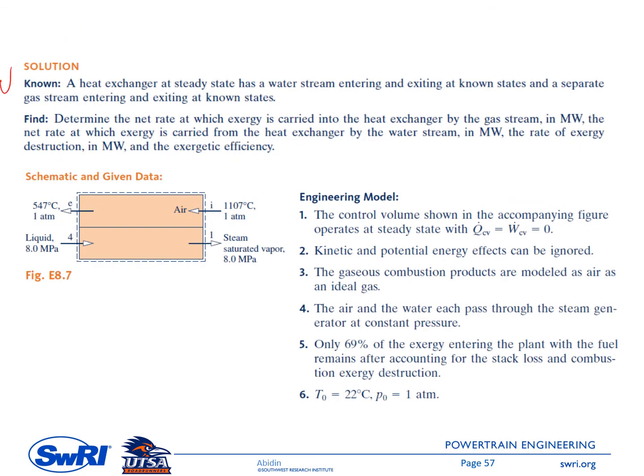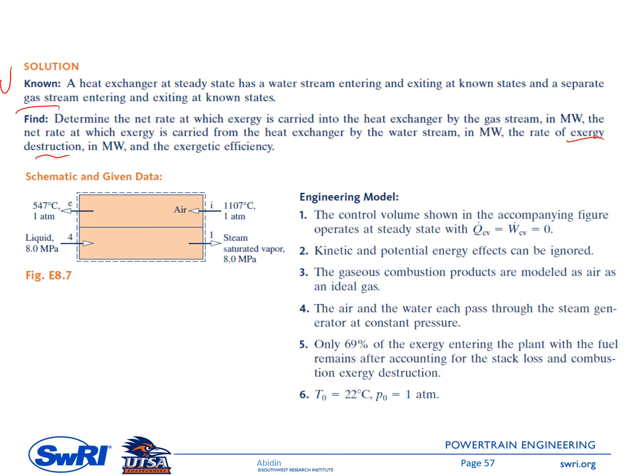What is known here is a heat exchanger with a water stream entering and exiting at known states, and we have a separate gas stream entering and exiting at known states as well. And then what we need to find out is the exergy carried into the heat exchanger, the exergy carried from the heat exchanger, and then the rate of exergy destruction.